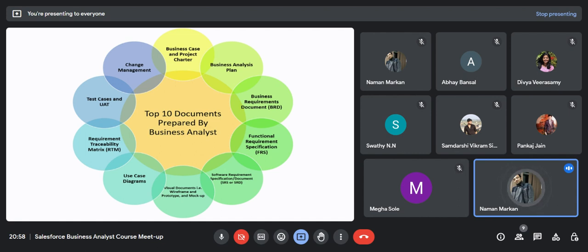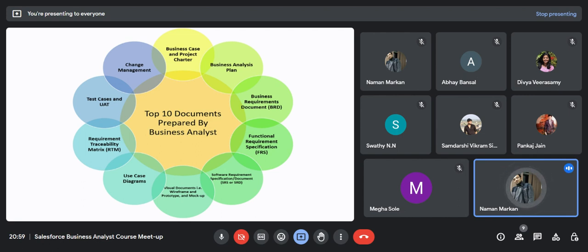So we have covered the top 10 documents, you can say, which are required by a company. And there are templates available for these kinds of documents to start working on, because this is going to be common for each and every person, right?